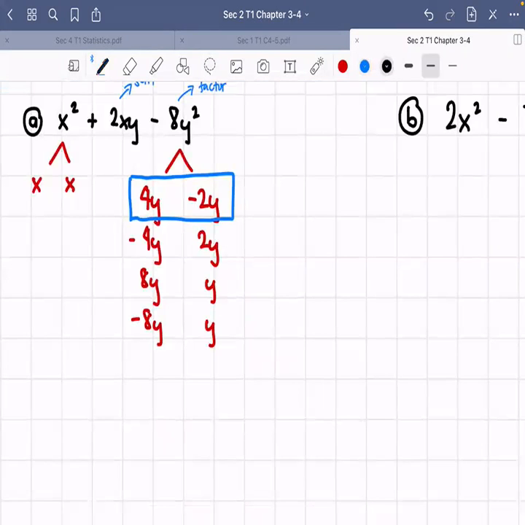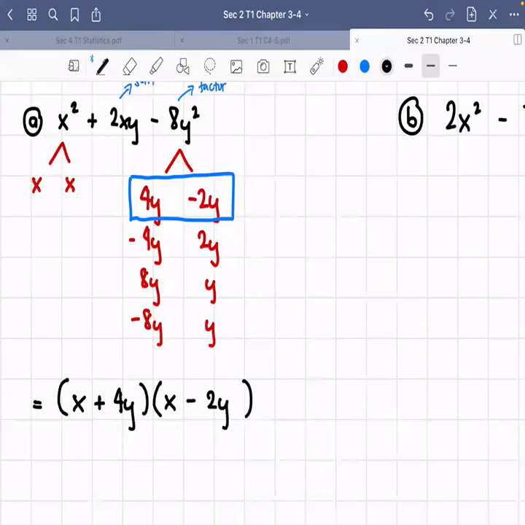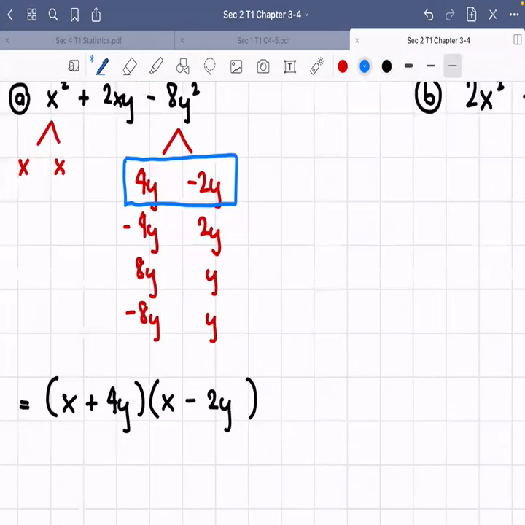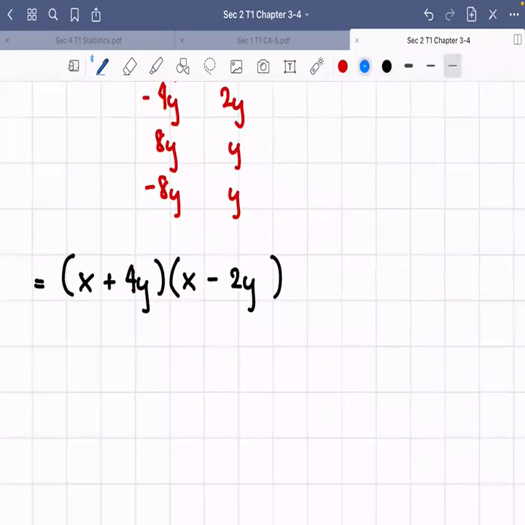So this is equal to x and then another x here, so +4y minus 2y. Now class, if you're unsure, you perform the checking method that we used to do. Let's multiply the inner and the outer.